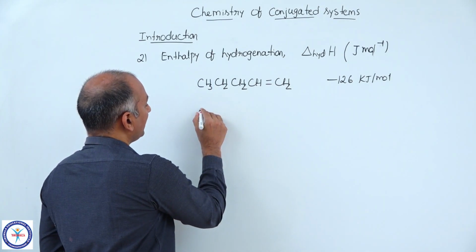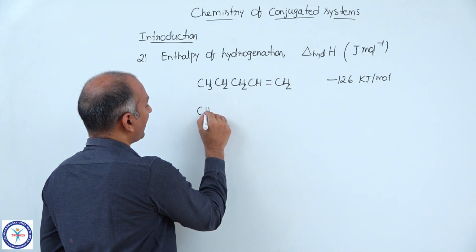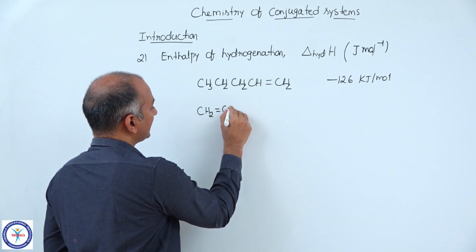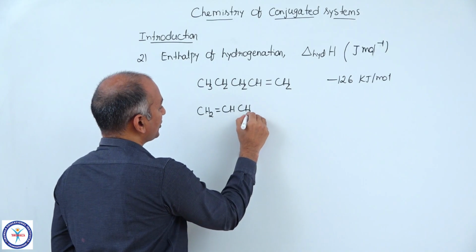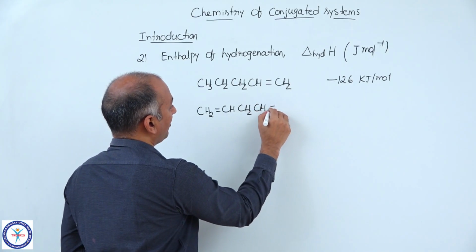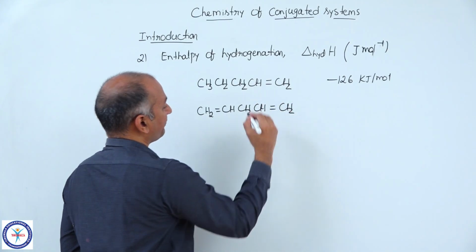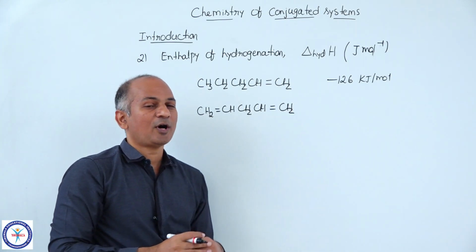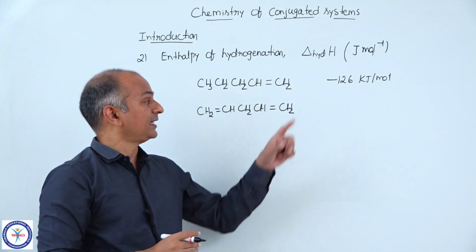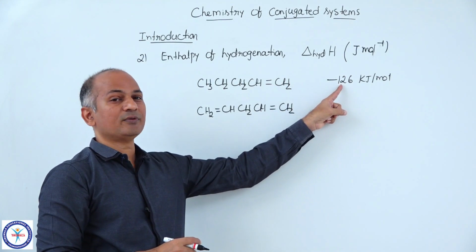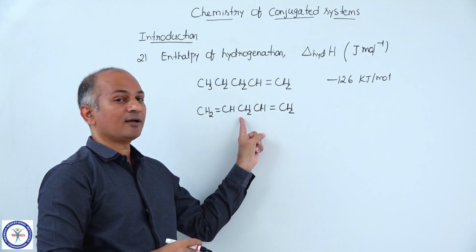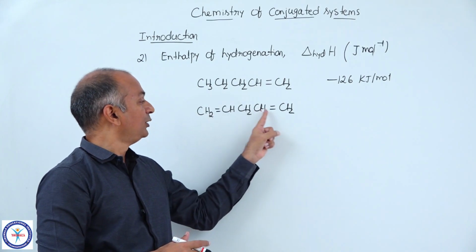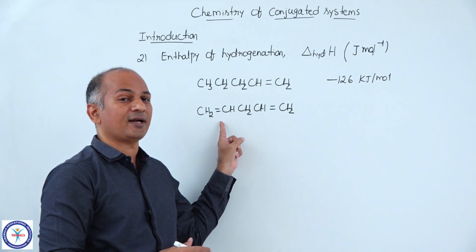Suppose you see 1,4-pentadiene, CH2=CH-CH2-CH=CH2. How much value do you expect? The 1-pentene value is given to you, and now we are expected to guess the value for 1,4-pentadiene.